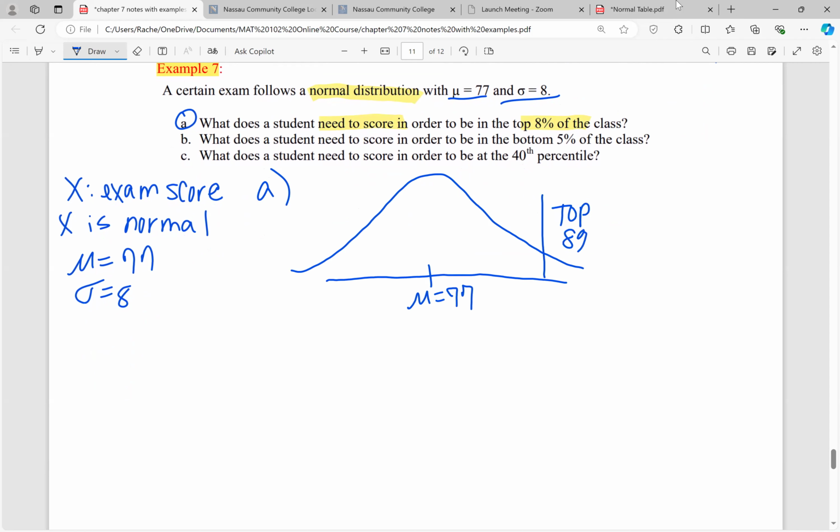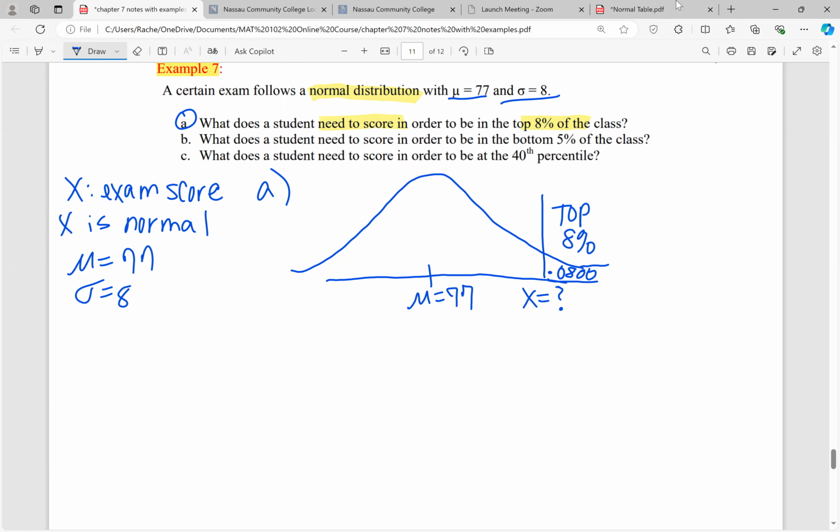That makes this area under the curve, if we write it as a decimal, convert 8%, that's 0.08. So I know that the area to the right of this particular score that we got is 8% because we're in the top 8%. So what is that score? So you see how I put X because X represents exam score and it's cutting off the top 8% from everything else. And I put a question mark. What is that score, right?